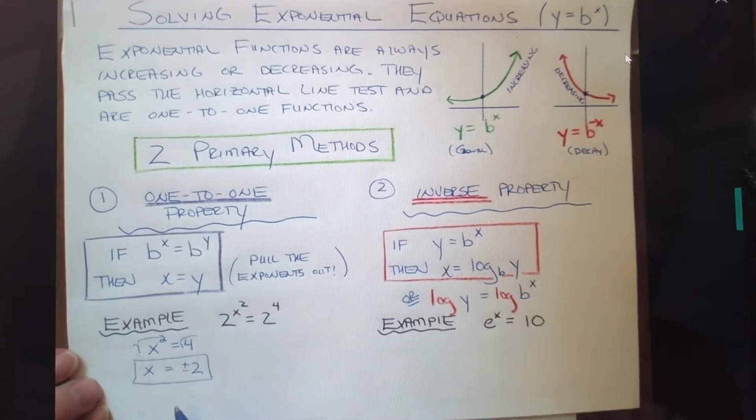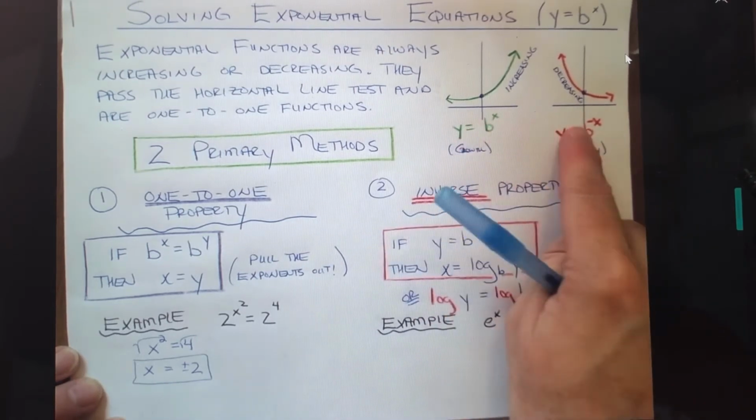If I want, I can take the plus and the minus 2 one at a time and put them back into the original problem for x and validate that they are indeed solutions. I don't need to do this from a legality standpoint. If you remember from your studies of exponentials, the domains for exponentials are actually all real numbers, and that's further supported by these graphs up here.